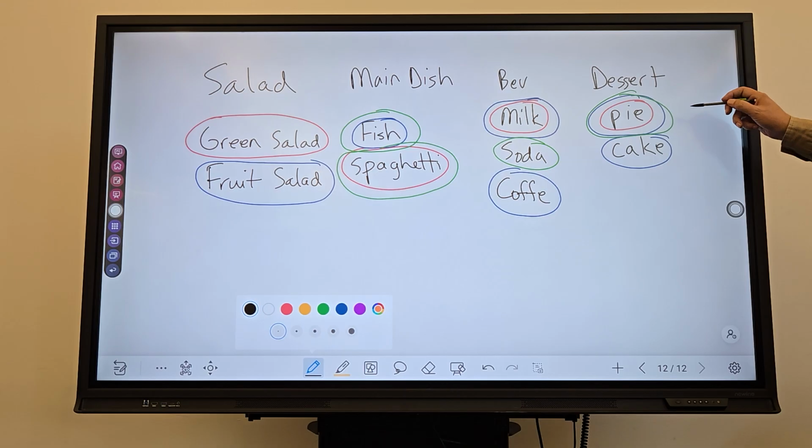Yeah, pie. So it is true. There exists a student S such that S chose all items. There is a student that chose every available item? No, that's false.